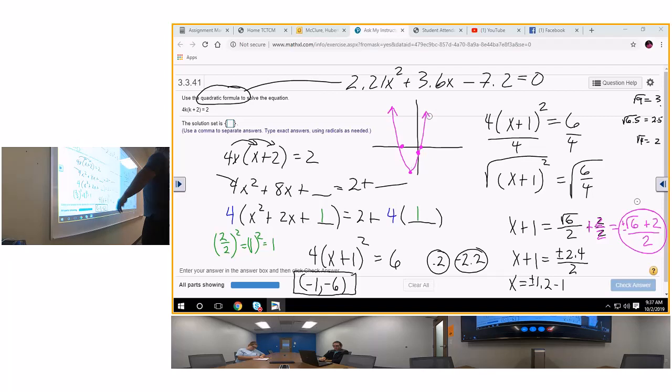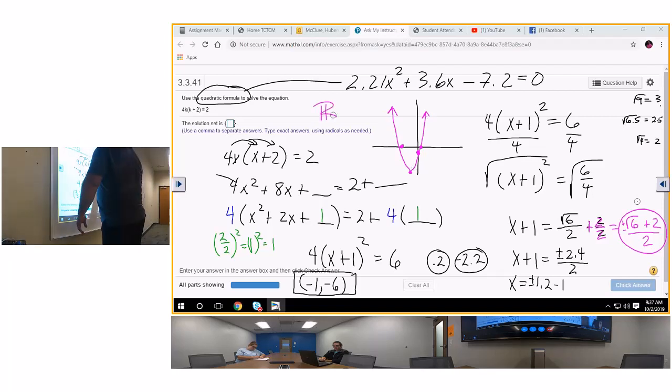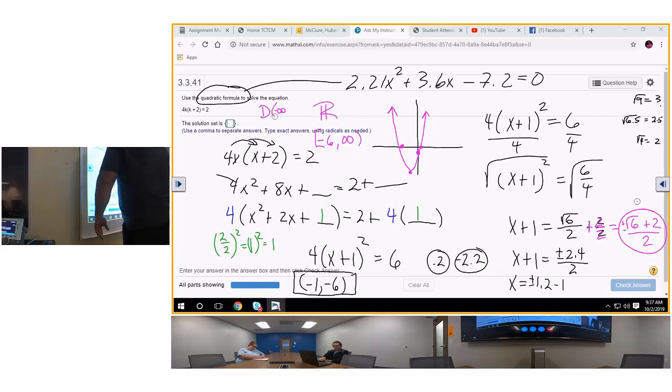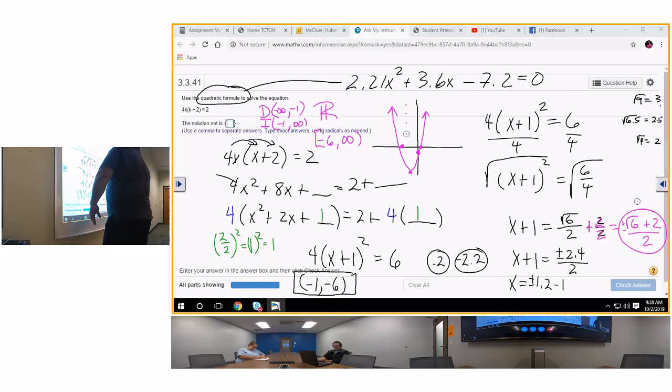And of course, all real numbers is the domain, and negative 6 to infinity is your range. Decreasing from negative infinity to negative 1, and increasing from negative 1 to infinity. The line of symmetry goes through negative 1: x is equal to negative 1.